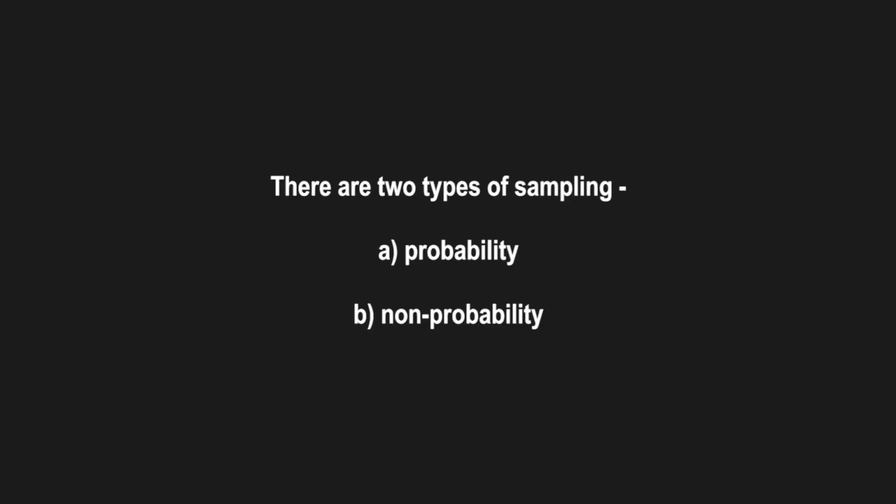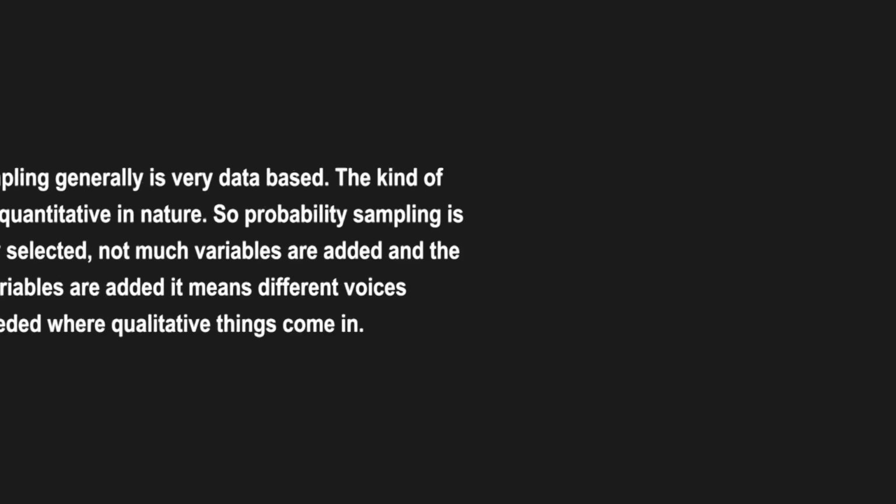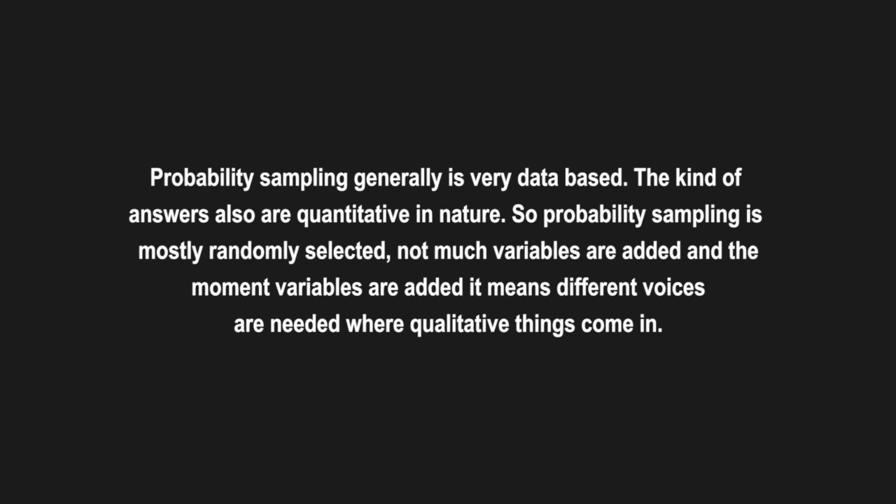So, as I was saying, there are two types of sampling, probability and non-probability. Probability sampling generally is very data-based, and the kind of answers also are very quantitative in nature. Probability sampling is mostly randomly selected, and not many variables are added.